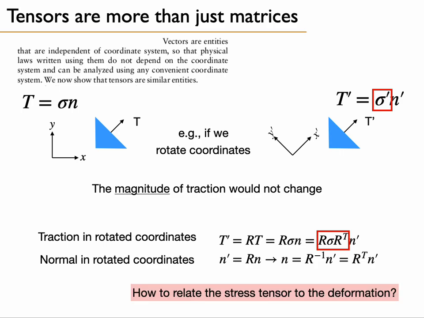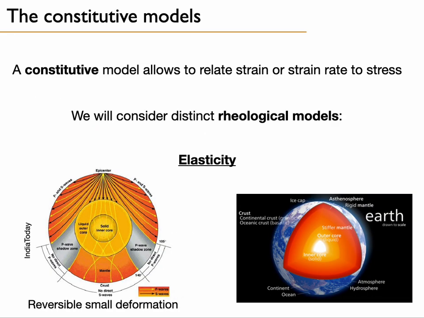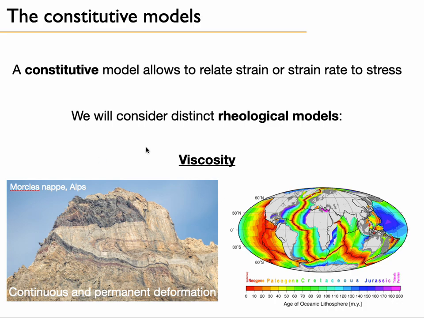So now, how does the stress tensor relate to the deformation we introduced last week? So we need to introduce the definition of a constitutive model. So the constitutive model is a relationship between the strain or the strain rate and the stress. In elasticity, we have one constitutive relationship for elasticity.